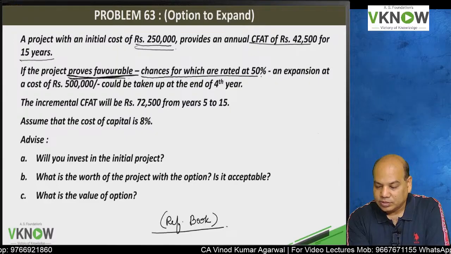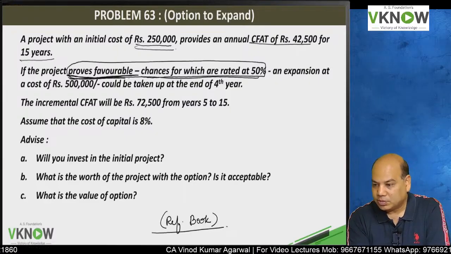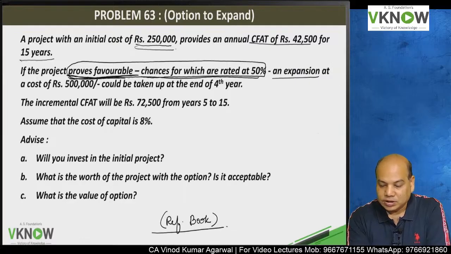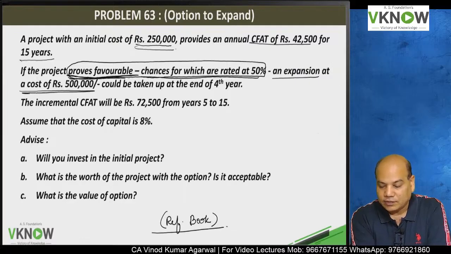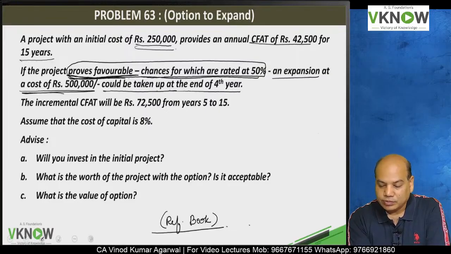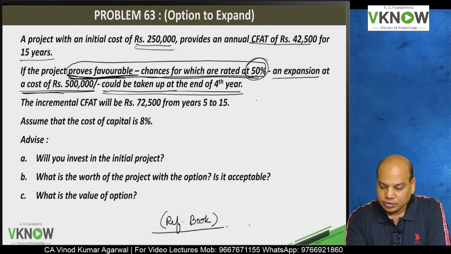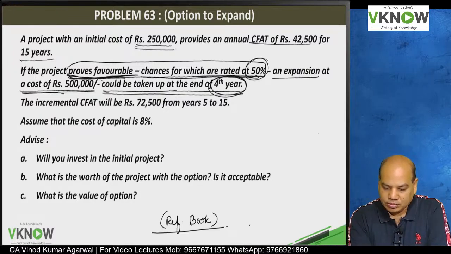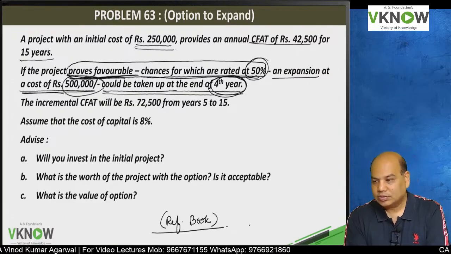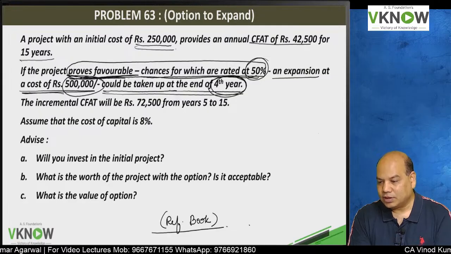If the project proves favorable, chances of which are 50%, it will become favorable with 50% probability. An expansion at a cost of rupees 5 lakh could be taken up at the end of the 4th year. So if the project is favorable, we are going to expand the project by investing another 5 lakh, not 50, 5 lakh.